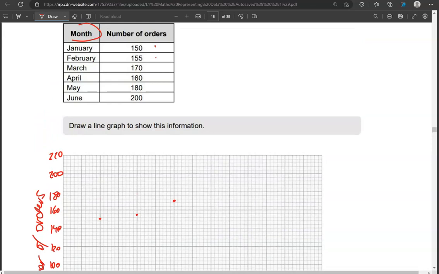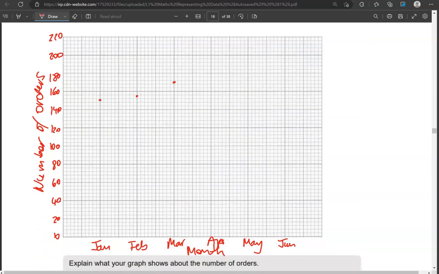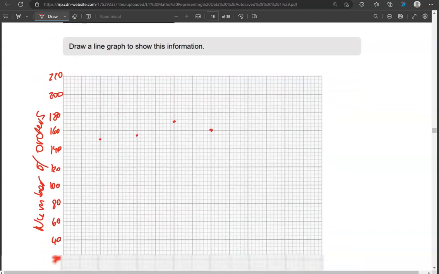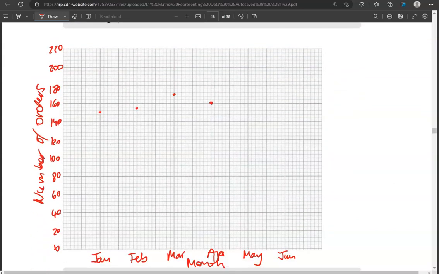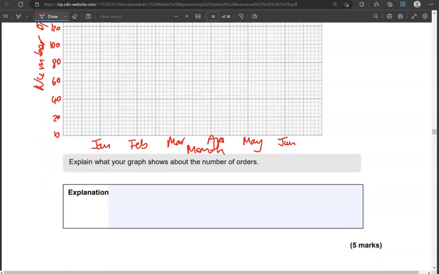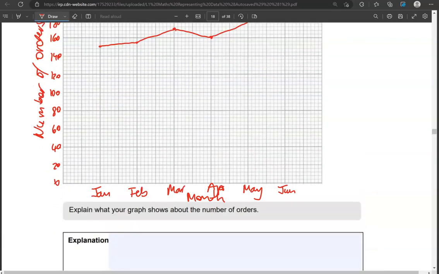April 160. May 180. And June 200. Explain what your graph shows about the number of orders.